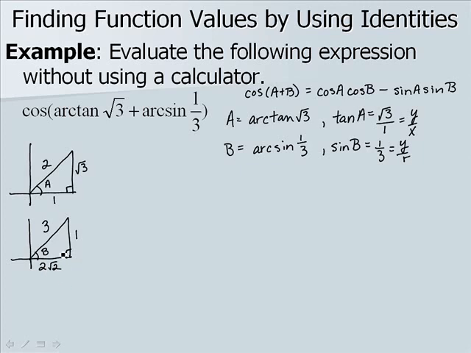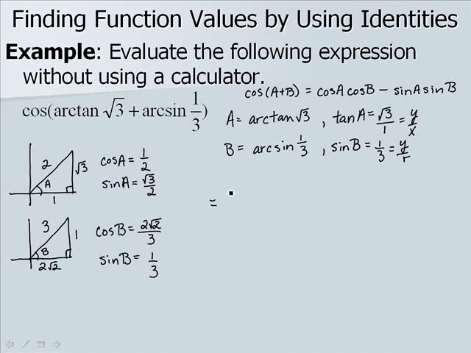So we need the cosine of a, which will be 1/2. We need the cosine of b, which will be 2 square root of 2 over 3. We need the sine of a, which is equal to the square root of 3 over 2. And we need the sine of b, which we already know to be 1/3.